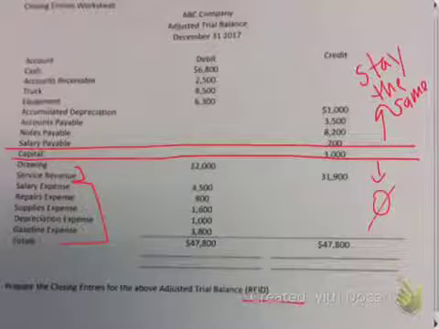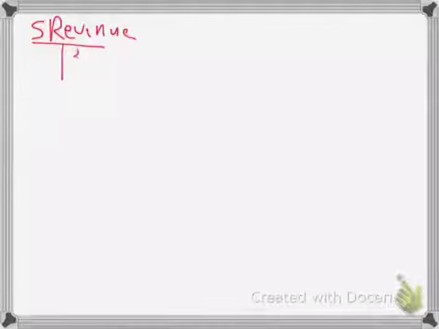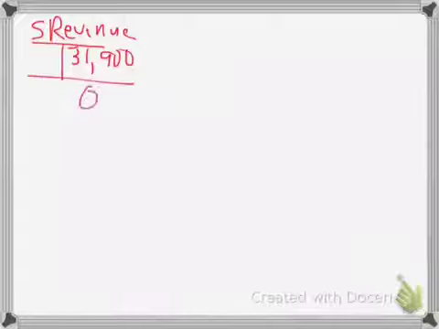We'll do those down below. I'm going to go to the next page. What you'll notice is that our service revenue account has a balance of $31,900. Notice that it is on the credit side. So if I wanted this account to be 0, I would need an amount on the debit side.